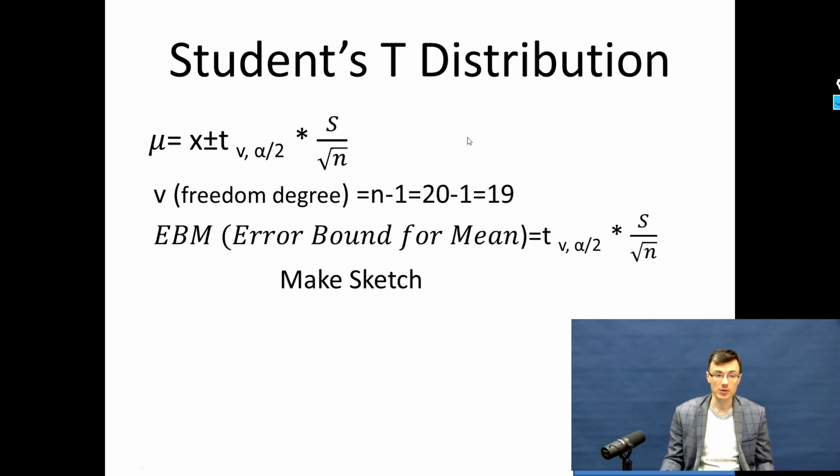In Student distribution, we have such parameters as the mean of the sample and the margins or boundaries of this mean that we calculate on some level of confidence. And we use the V parameter, the degrees of freedom. As you see, it's the size of your sample minus 1. In this sample we have size of 20, and minus 1, it will be 19.